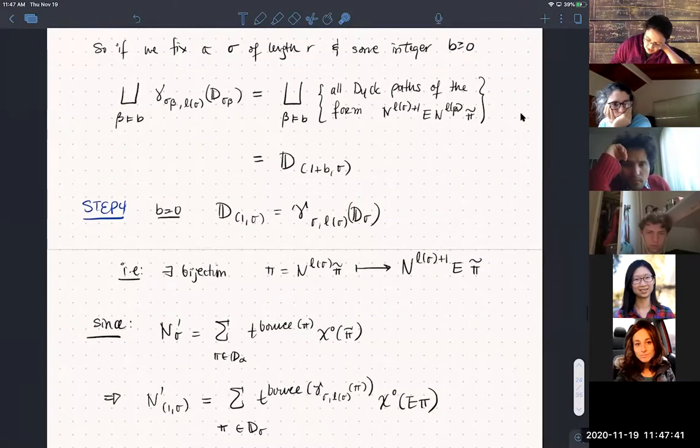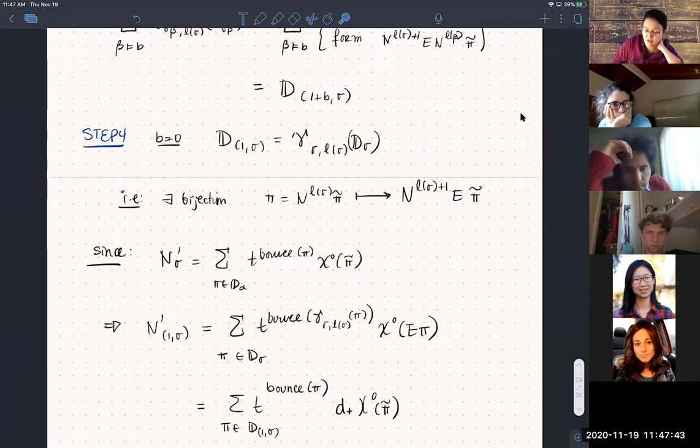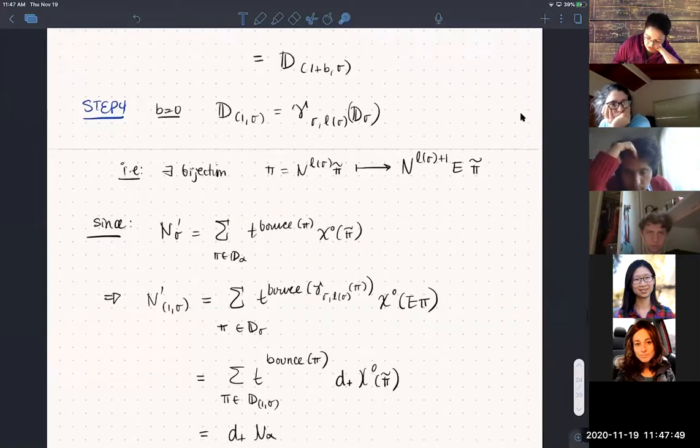What that means is that if we go back then to the definition of n sigma prime, which was this, and we basically just substitute all the pi's under this bijection, then here, the pi becomes the image under this path.